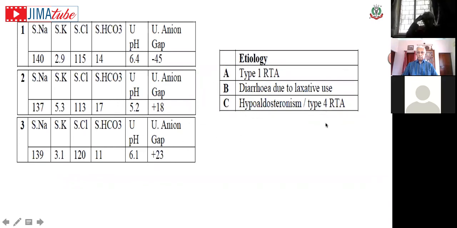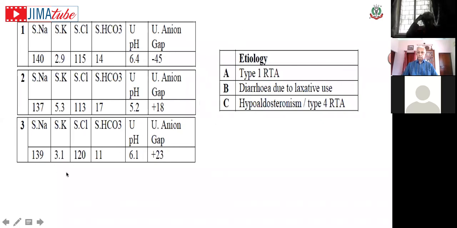In hypoaldosteronism, that is type 4 renal tubular acidosis, the potassium is high. So as soon as you get a high serum potassium with non-anion gap metabolic acidosis and a high urine anion gap, this is very suggestive of type 4 RTA. So 1 would be diarrhea, 1 B, 2 will be C, and 3 will be A.